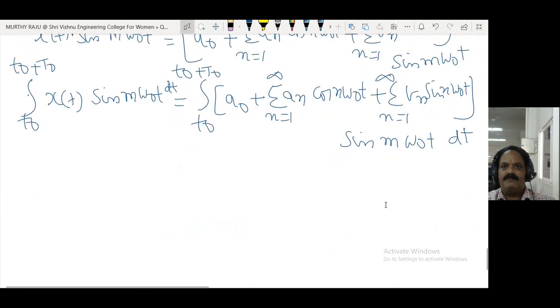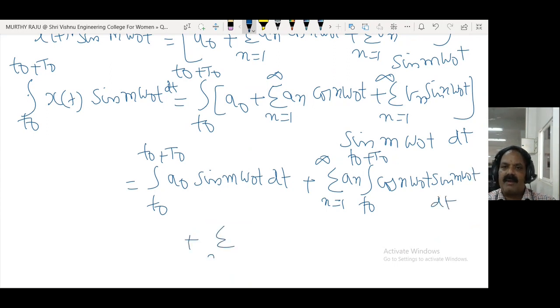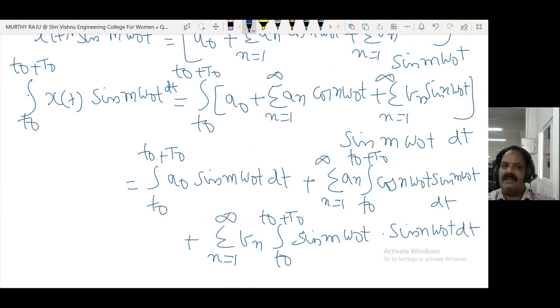That is equal to the integral from small t naught to small t naught plus capital T naught of a naught sin m omega naught t dt, plus sigma n is equal to 1 to infinity an times the integral of cos n omega naught t sin m omega naught t dt, plus sigma n is equal to 1 to infinity bn times the integral of sin m omega naught t sin n omega naught t dt.